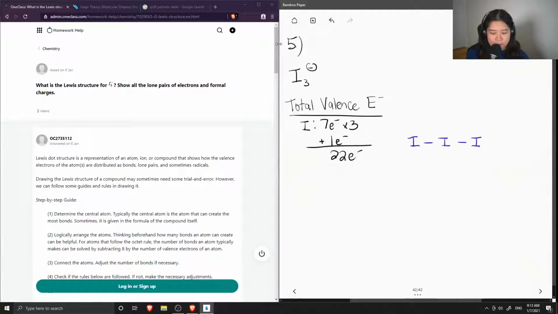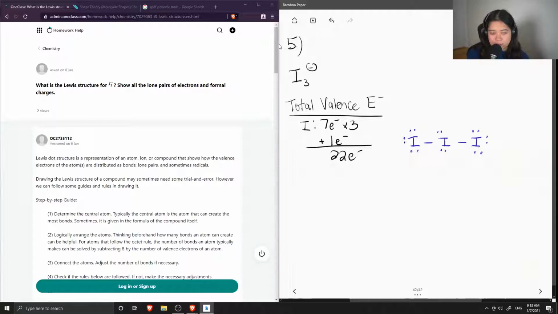Okay, so now I'm just going to draw in all the lone pairs of iodine and count out how many electrons I've drawn so far. So let's count this.